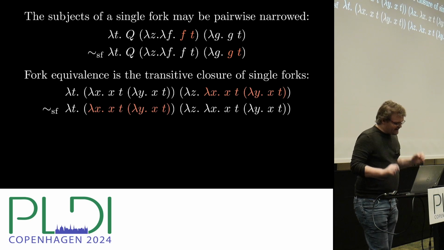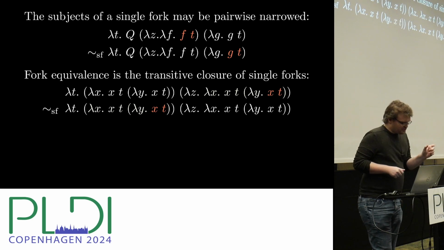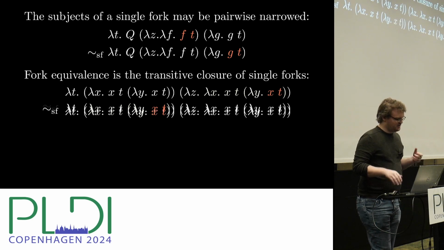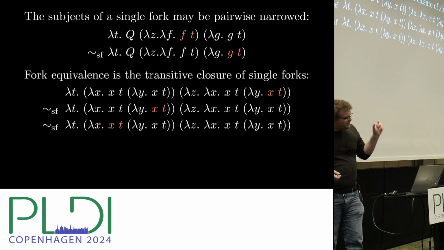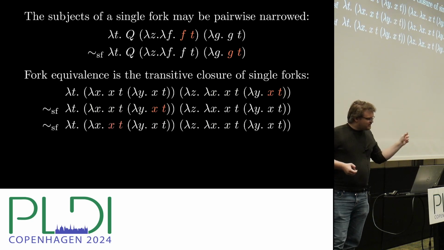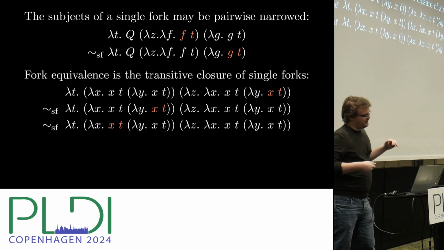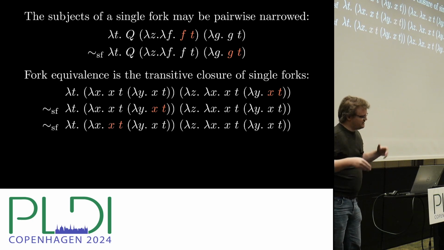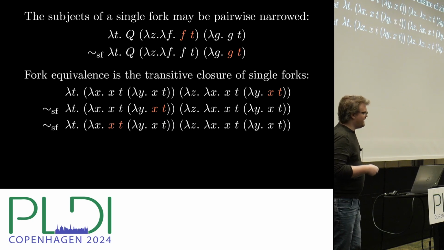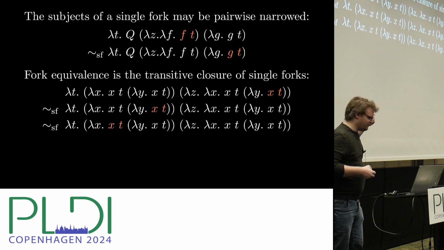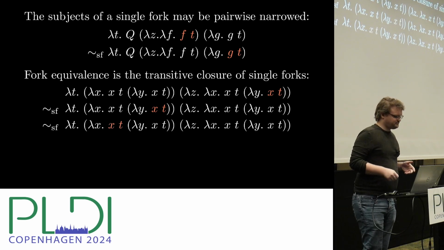And then I can narrow these to a very small subterm, and then I can establish another single fork between two of the other narrowed subterms, establishing through transitivity the equivalence between one x applied to t applied to x, and another one.